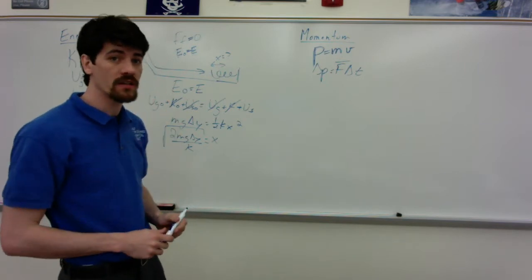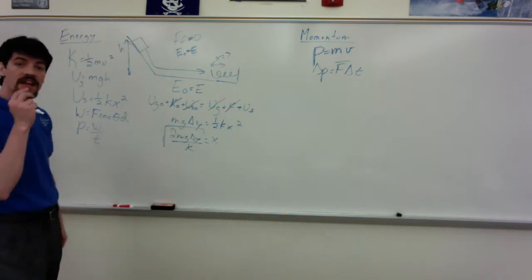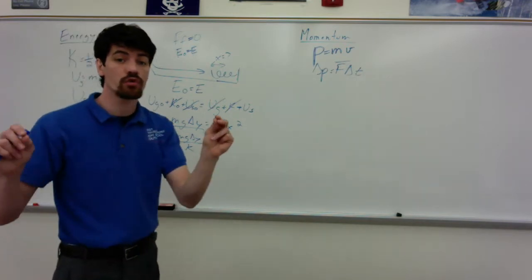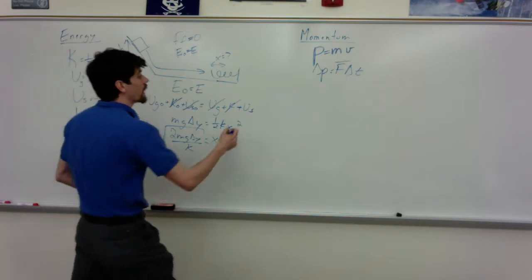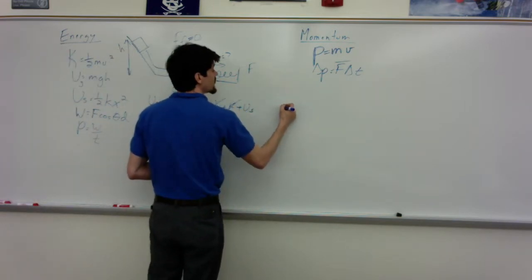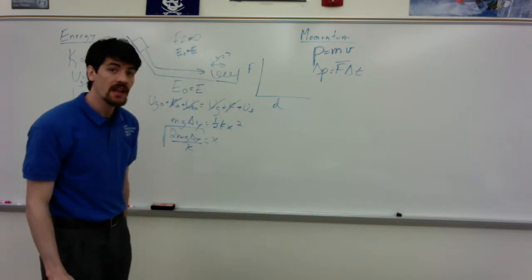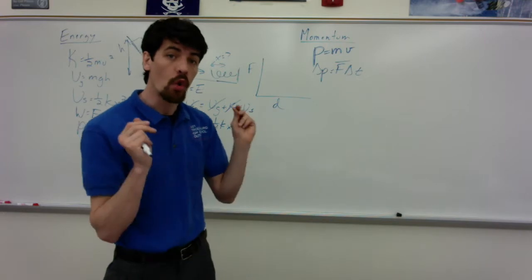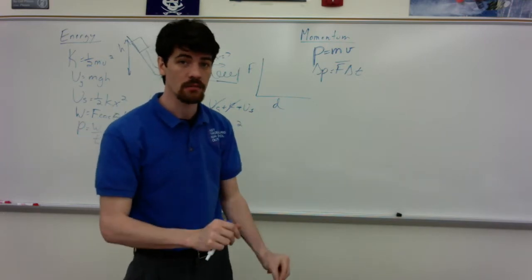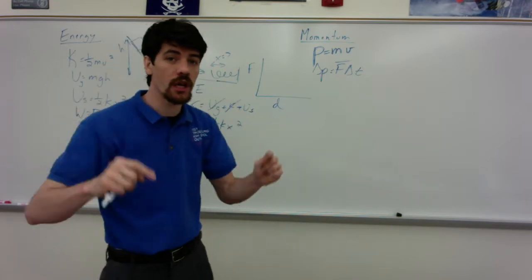The other part we want to deal with is this, force times cosine of the angle times displacement. In these two different topics, you can see two graphs that are very similar. Now, if you see a force-distance graph like that, and it says something's moving at some rate and some force and distance are applied to it, what's the new speed? You should be thinking energy.